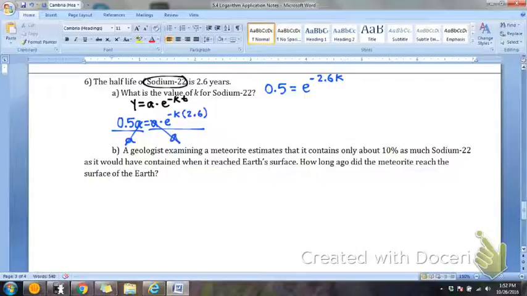Amanda, what do we do at this step up here on the board? The ln. Excellent. The ln on both sides. Would you agree, Quentin? Good. Josh, what do I do from here?